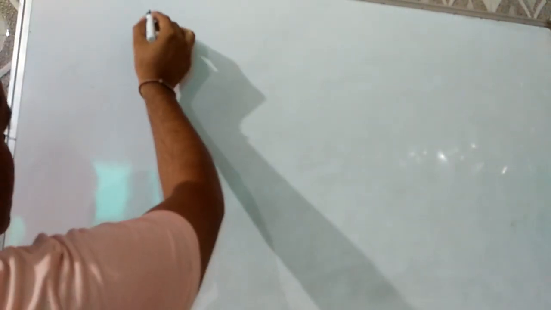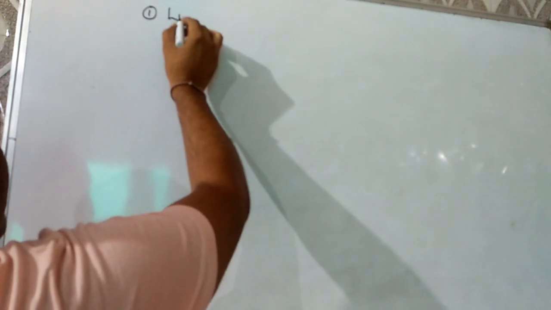So, after discussing the critical constants related to liquefaction of gases, today first we are going to discuss the methods of liquefaction of gases. There are generally three methods by which we can liquefy a gas, and the first method is known as Linde's method.